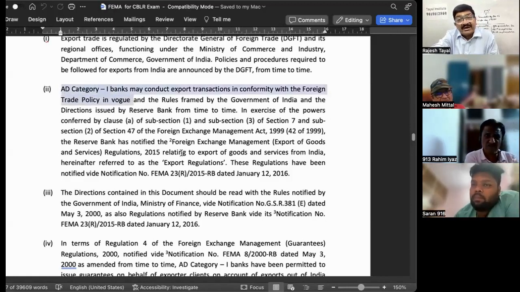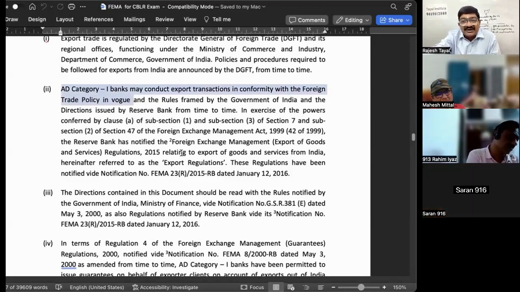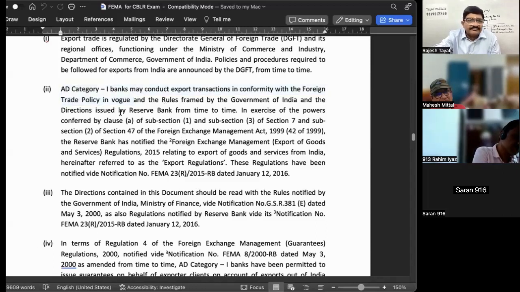The banker should know the foreign trade policy. So rather than knowing the foreign trade policy, every time they take a declaration from the exporter, and based on the declaration, they keep on doing the work. Rules framed by the government of India and the directions issued by RBI from time to time. So this is good enough for you to underline.